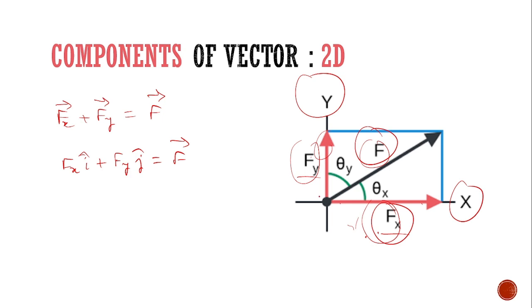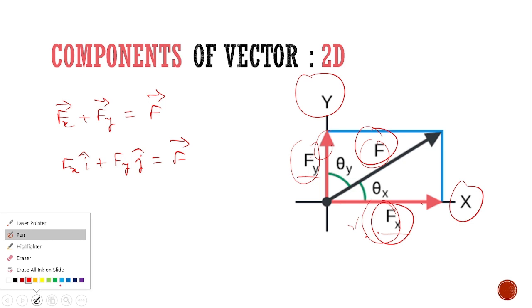It may be confusing, but later after we use the vector components, it will be very clear to you. So for the moment, just remember we can break a vector into two components. One is along the x-axis, another is along the y-axis.